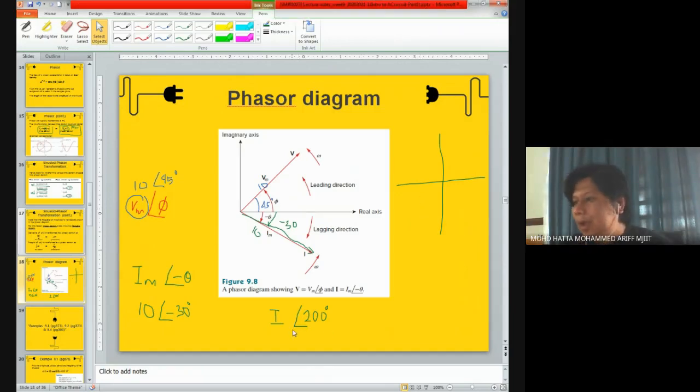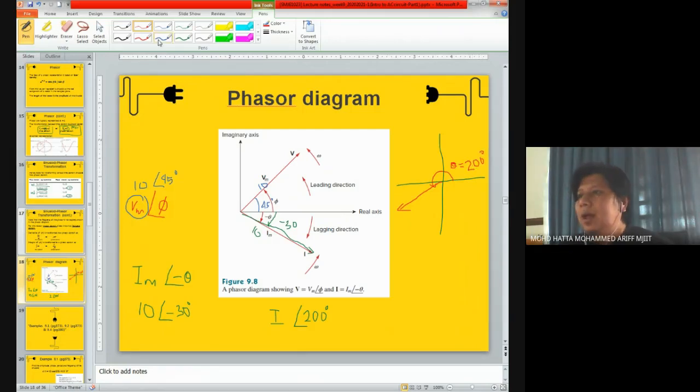I with the angle of 200, I would draw it like this. 0, 90, 180, this is where my I is. Then the 200 degrees is drawn like this. This is the 200, theta equals 200.